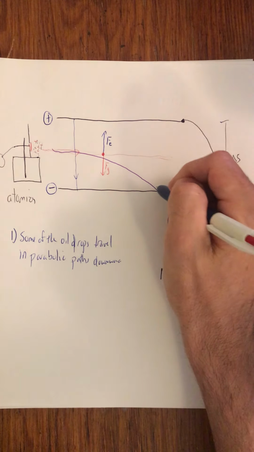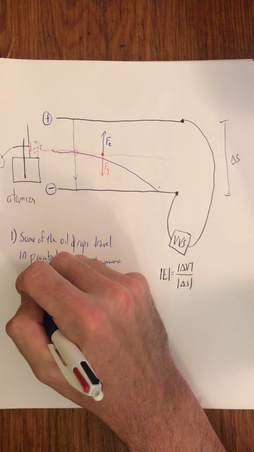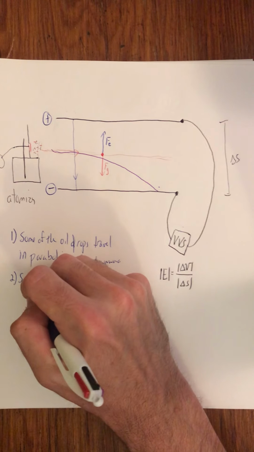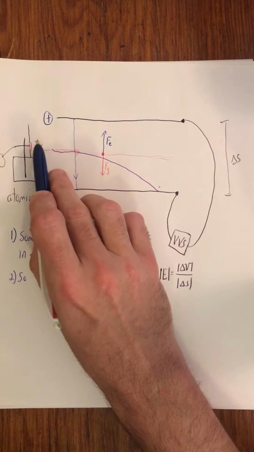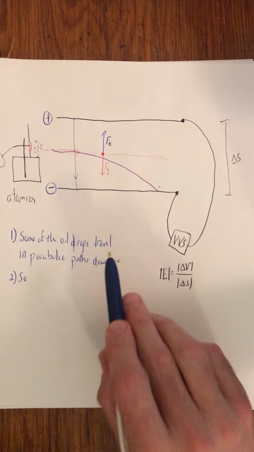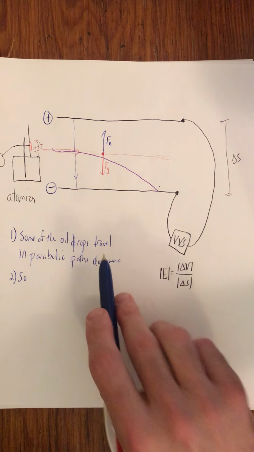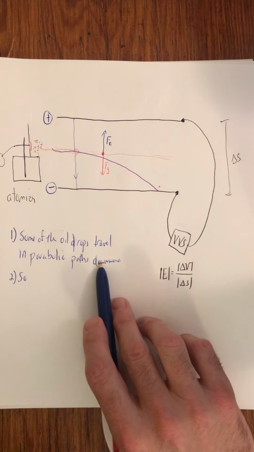With the downwards concavity like we did there, okay? And that always happens, right? Every single time you squirt the atomizer, some of the oil drops travel in parabolic paths downwards.